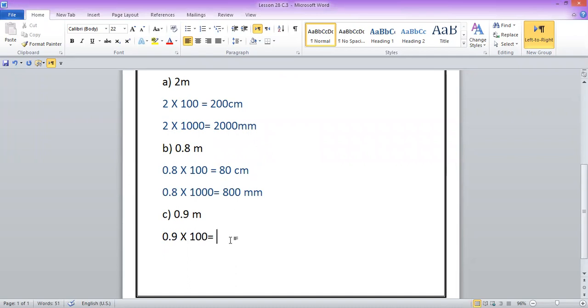So 0.9 multiplied by 100 and also 0.9 multiplied by 1000. Can you tell me that value in the centimeter and millimeter, guys? Yes. In the chat box, please, can you tell me the answer?